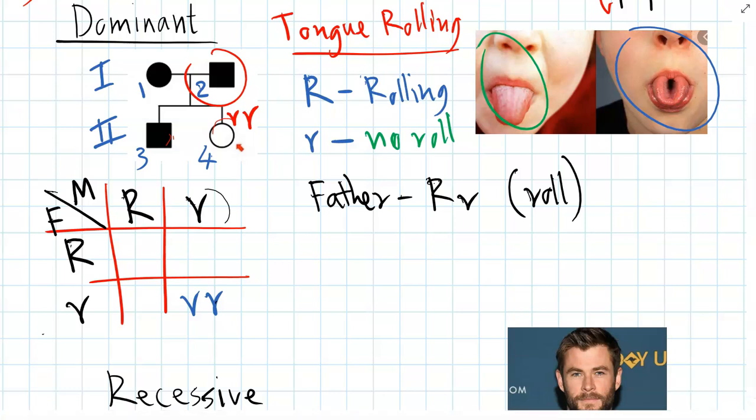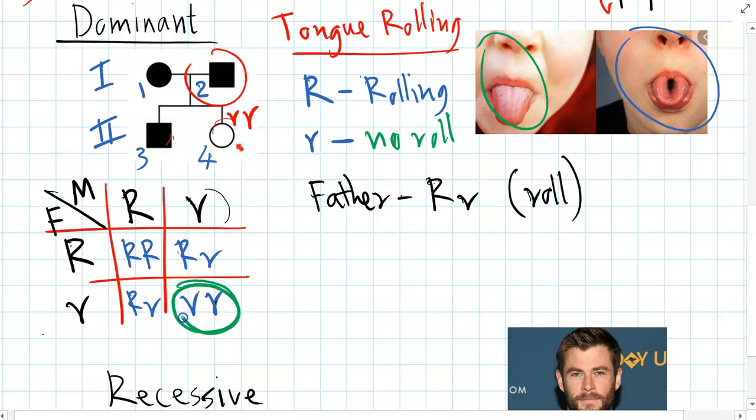And then we can work backwards and fill out the rest of the Punnett square for this family. Capital R, small r. Okay, so we can see here's the daughter represented here. The son, he has the tongue rolling trait, the phenotype, but we're not sure what his genotype is.